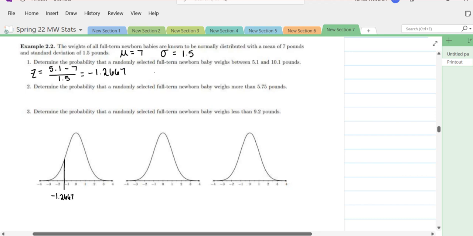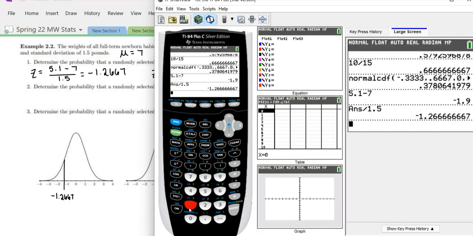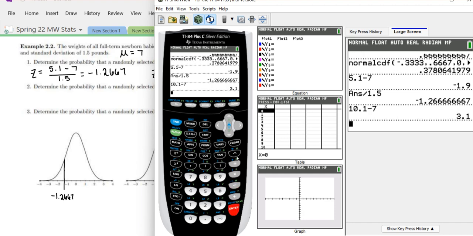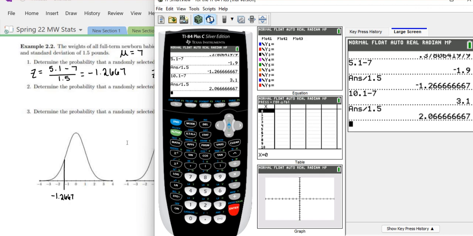Then 10.1 pounds, we would go a z-score here. 10.1 minus 7 over 1.5. And that's going to give us 2.0667.